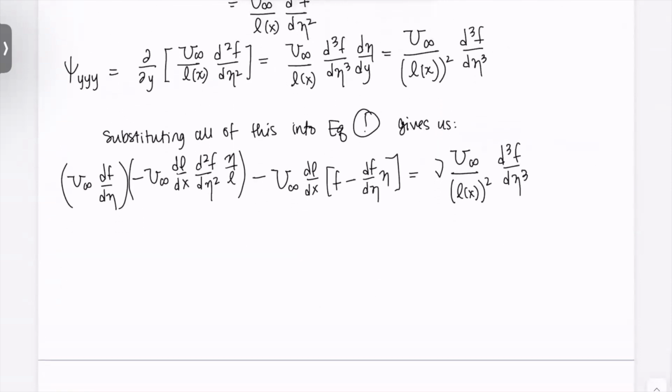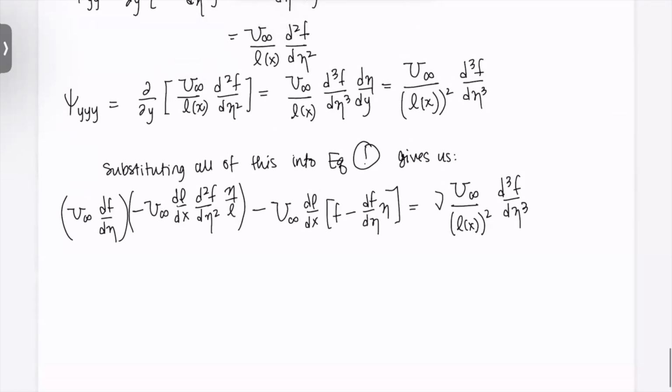Okay. So I have a u infinity out front of all of these terms. So I'm going to divide through by u infinity so I can get rid of this one, and this one. Let me just write this out.